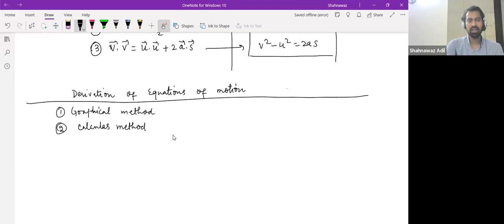I have talked about differentiation, but to Elham, Amna, and Abdul, I have not talked about integration, right? So in calculus, we will use integration. So let me talk about this integration.